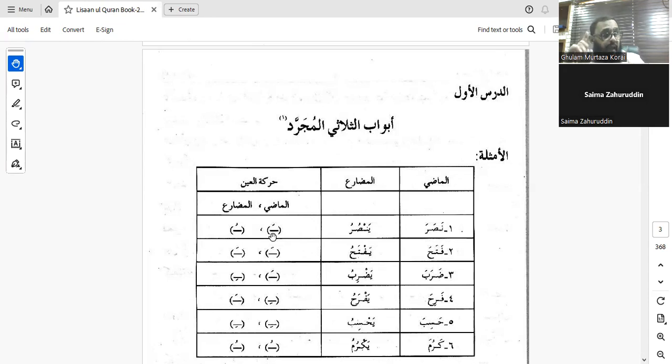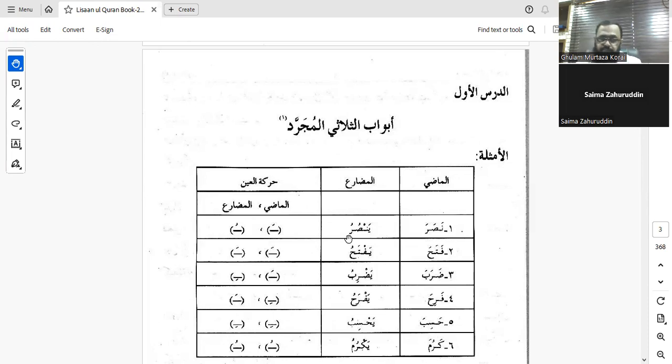Yes, I understand that. Then when we say nasara yansuru, now swad is kalimatul ain in muzare of the same chapter. So that takes a zamma. But I was talking about the zamma that kalimatul lam takes, that is ra. So that zamma represents muzare. That zamma does not have to do anything with the awzan of abwab thulathi mujarrad.